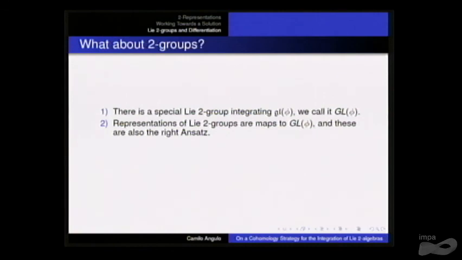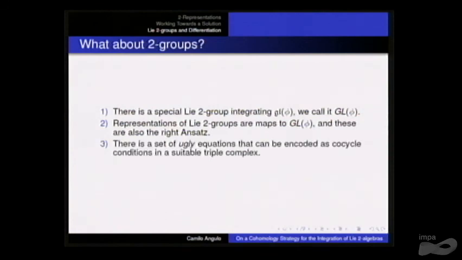Maps into that define representations which are the right ansatz in that when you look at extensions and you split them, the action by usual conjugation induces one of these. And there is also a set of ugly equations that define when these extensions induce extensions of Lie two groups.